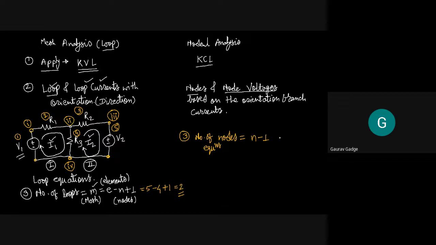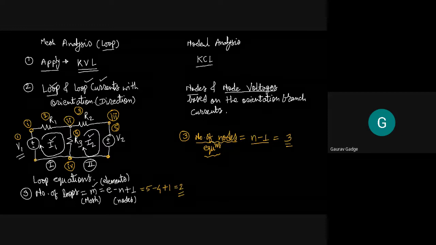So 4 minus 1, which means the number of equations in this case is 3. We are talking about the number of node equations, N minus 1 equal to 3. So in this particular case, the number of loops is very, very important rather than knowing the number of nodes or number of node equations.